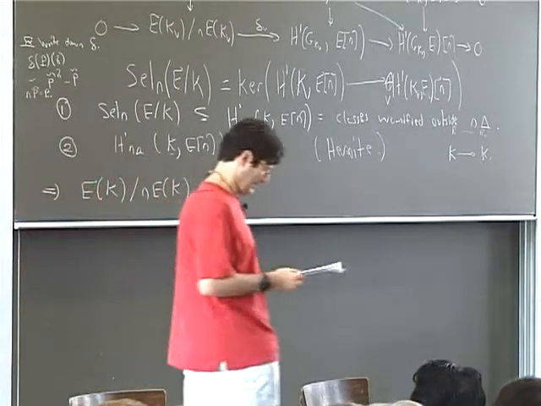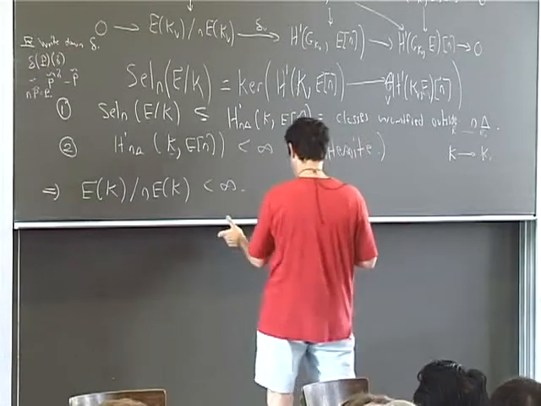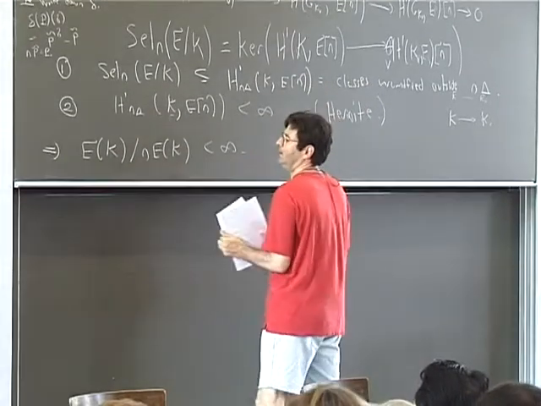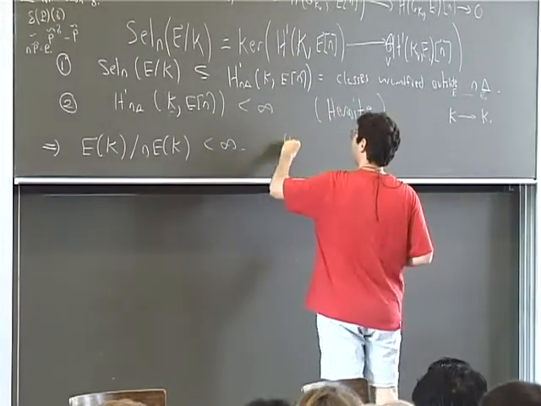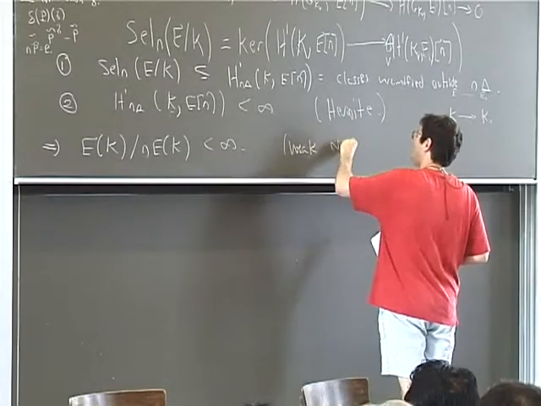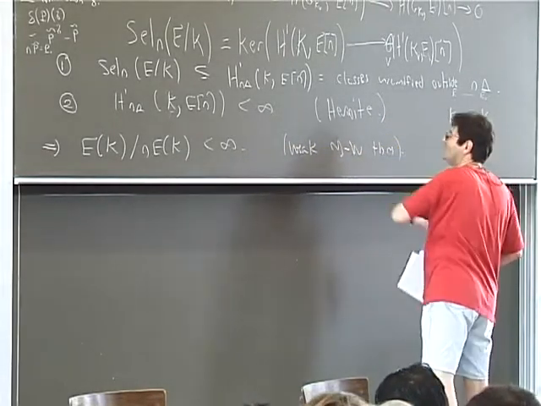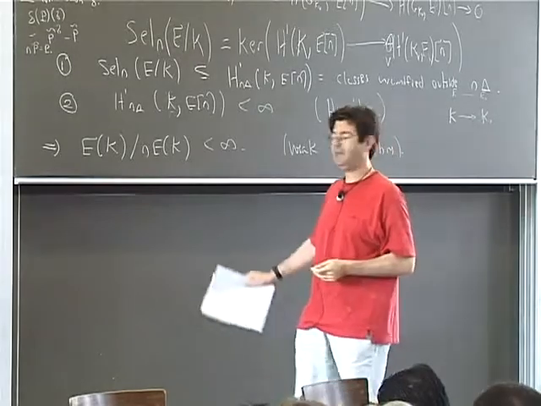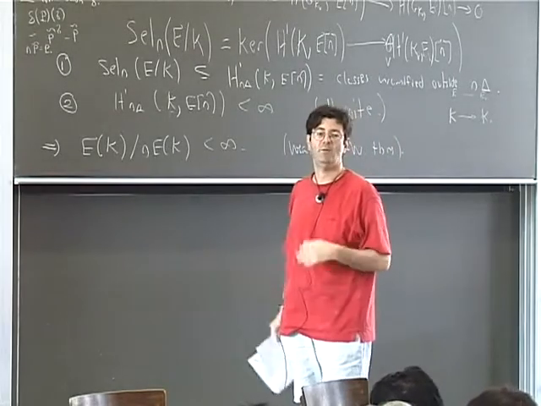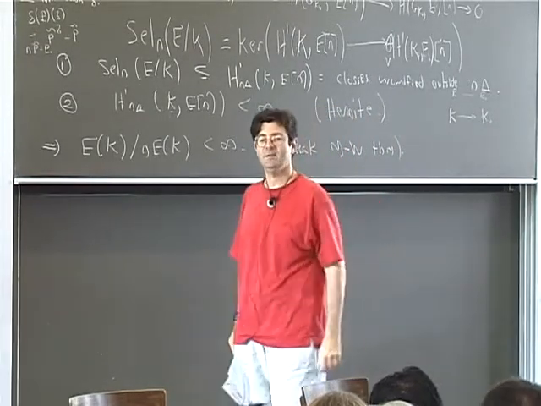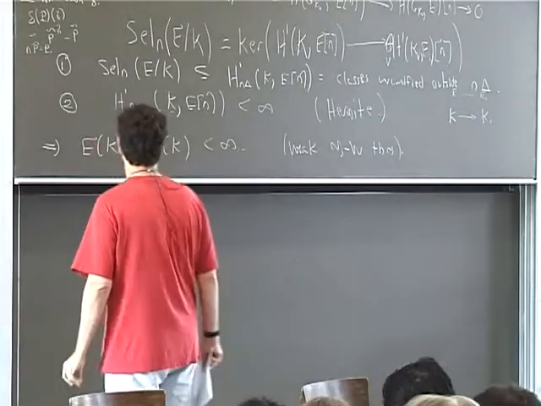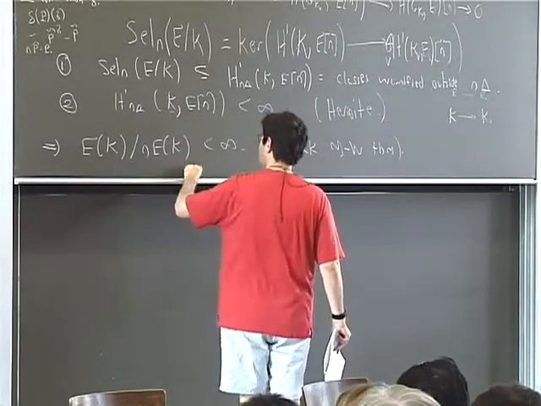Okay, so that's what's called the weak Mordell-Weil theorem. Of course, this is only half the proof because in order to show that E(K) is finitely generated, we have to have some kind of discreteness statement about the group of rational points. So the extra ingredient is heights.